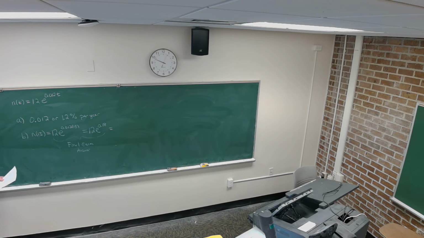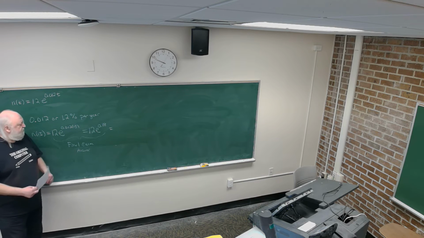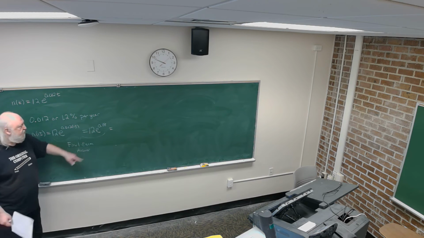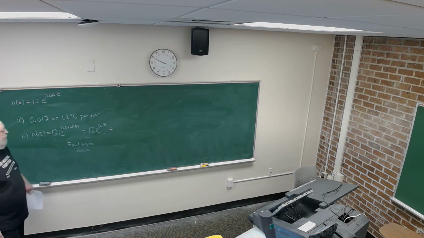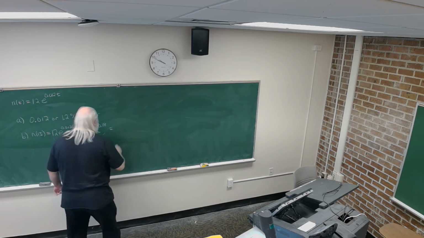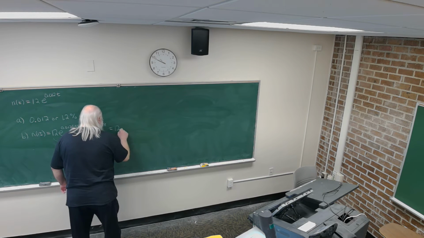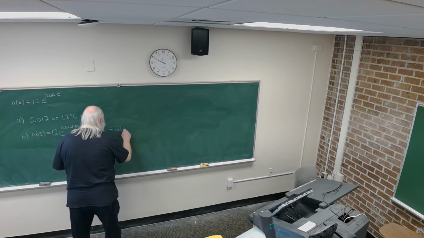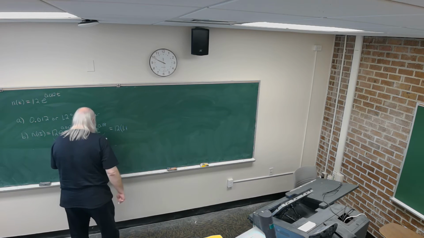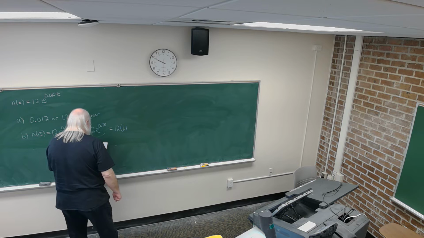Now, if you have your scientific calculator out, there's an e to the x key. You should have an e to the x key on your calculator, and you put in 0.18 for x. Evaluating e to the 0.18, you should get a number equal to 1.1972, and I'm going to write this out to several decimal places: 1.197217363.